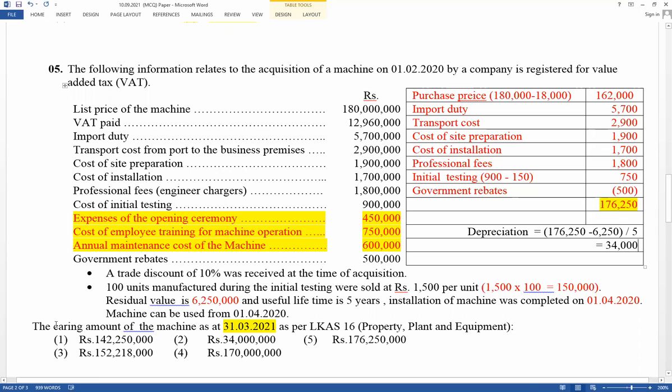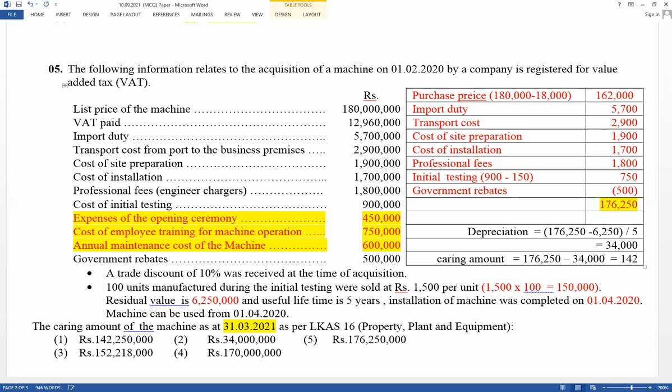But there's carrying amount. Carrying amount equals cost minus accumulated depreciation. Think, there's carrying amount at the end of the year. Therefore, as accumulated depreciation, deduct annual depreciation. Annual depreciation should be deducted as accumulated depreciation. Therefore, 176,250 minus 34,000.